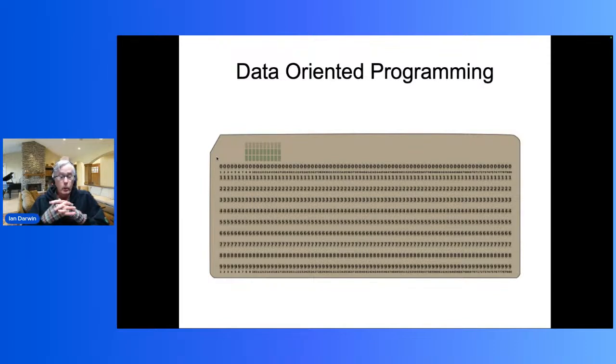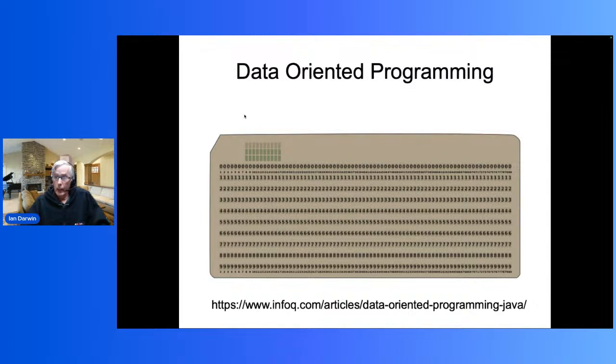He's talking about DOP in conjunction with RESTful web services. Otherwise, if you don't want to wait or can't make that talk, there's an article here by our friend Brian Goetz over at Oracle, which is kind of the paper that introduced data-oriented programming to the world. So that's kind of definitive.